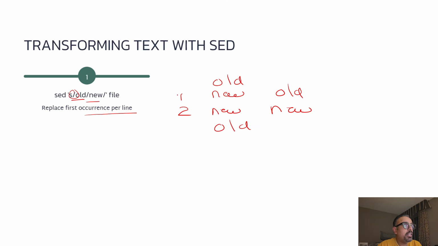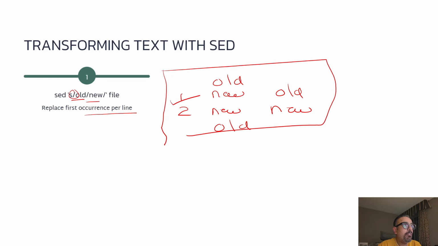When I run this command, it is going to go inside this file, and inside this file it is going to find the first occurrence on each line. So I am on line 1, it will find the first occurrence of old and replace that with new. Then again it will find the first occurrence on the second line and replace that with new. It will not go beyond the first occurrence.